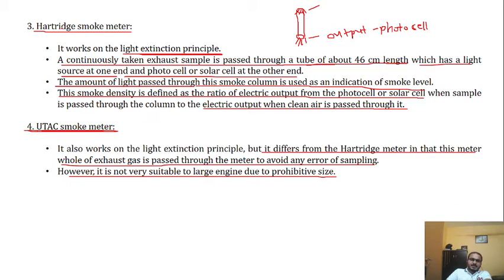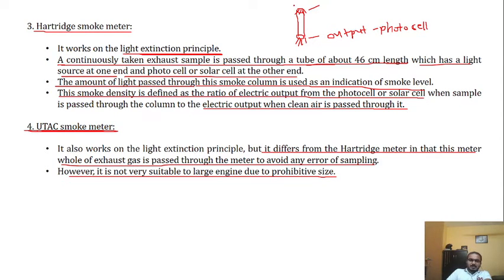The next we discussed is the Hartridge smoke meter. It works on the light extinction principle. Here a continuously taken exhaust sample is passed through a tube like this, which is about 46 centimeters in length, which has a light source at one end, let us say at the top, and a photocell or solar cell at the other end.